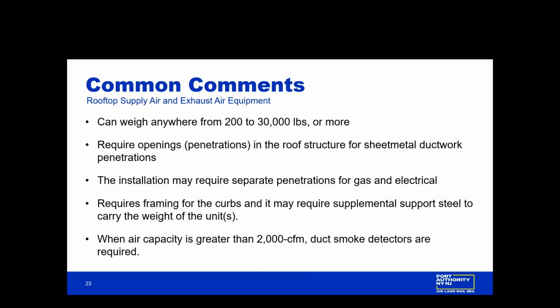Then penetrations for natural gas that goes up to a rooftop unit or other piece of equipment. Electrical service to the equipment. Anything that might need an opening in the roof, and if there's framing that needs to be provided to support the equipment structurally, that also needs to be considered in the design.